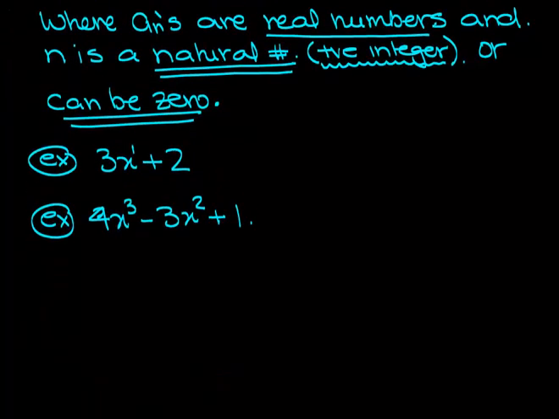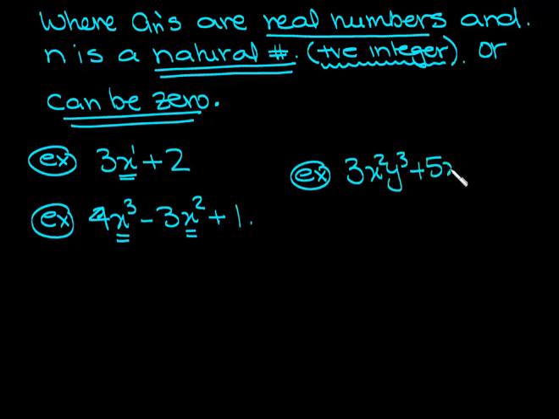Now that we looked at some examples, you can create all different types of examples. This is a polynomial of variable x, but you're not limited to that. I could create a polynomial like this: 3x squared y cubed plus 5xy squared plus 6xy. That's a polynomial.